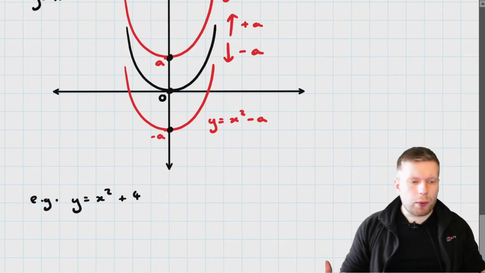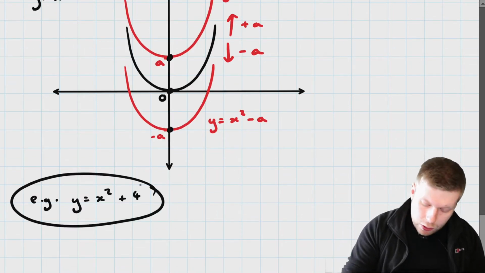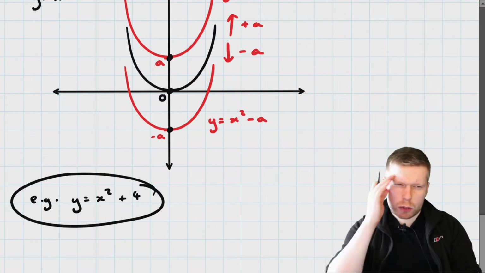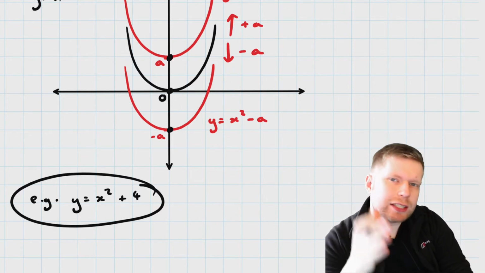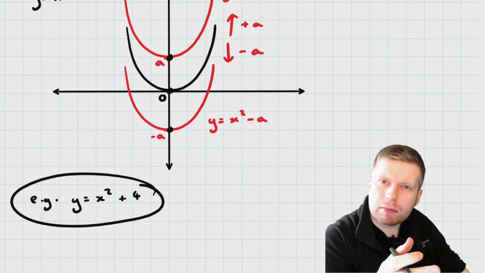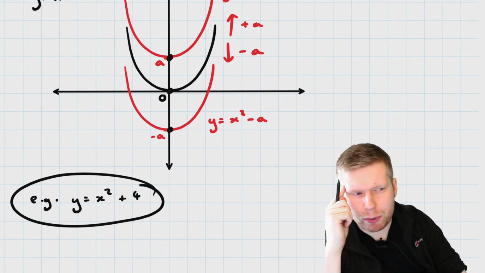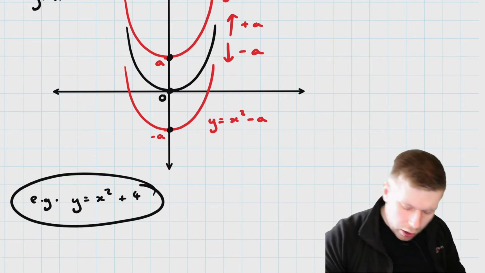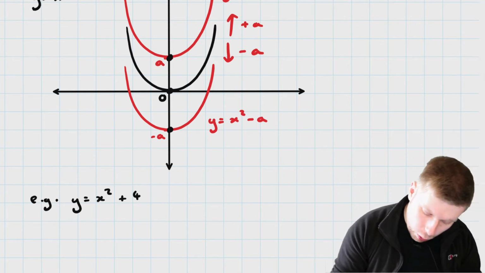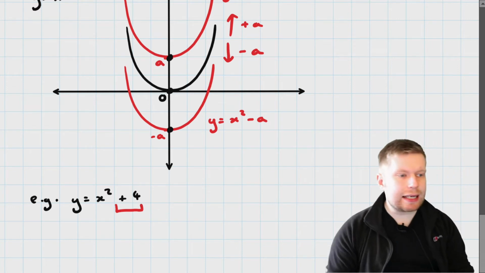As an example, if I gave you the graph y equals x squared plus 4, just pause for a couple of seconds and think, where would the vertex of this graph be? Think about the transformation that's happened and then think, where would the vertex end up? Are you happy that all I'm doing here is adding on 4?